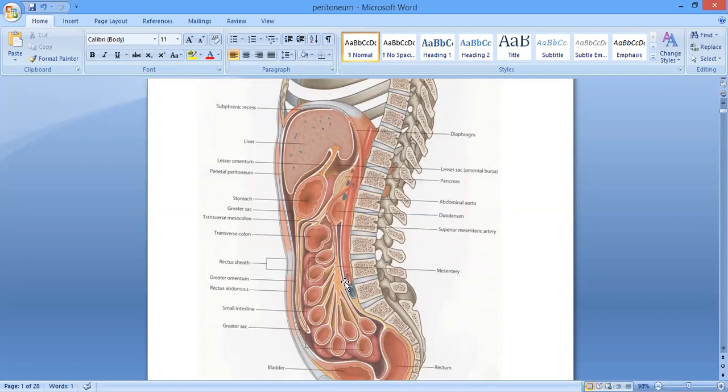And it is also going to enclose the viscera. Okay, so it is defined as the large, thin serous membrane that lines the walls of the abdominal and the pelvic cavities and also encloses the viscera. You see, viscera, right? It's going to enclose the viscera.